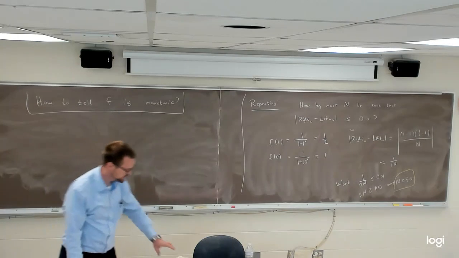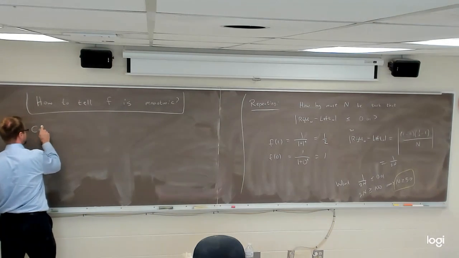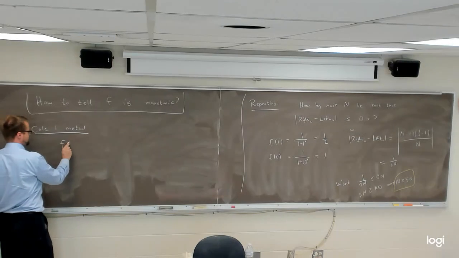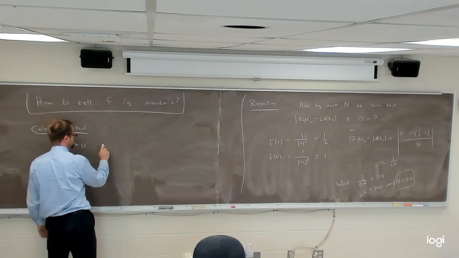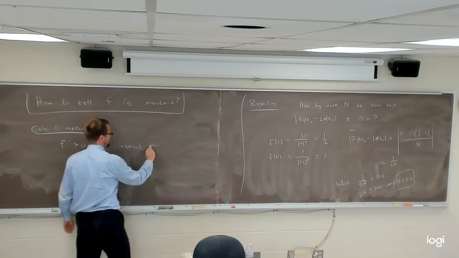Well, the method you learn in Calc 1 is look at its derivative. So the Calc 1 method is if f prime is positive everywhere on the interval, then f is increasing on that interval.